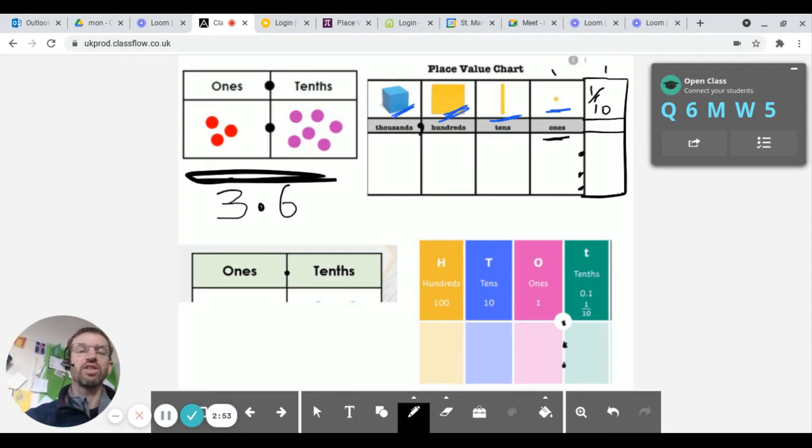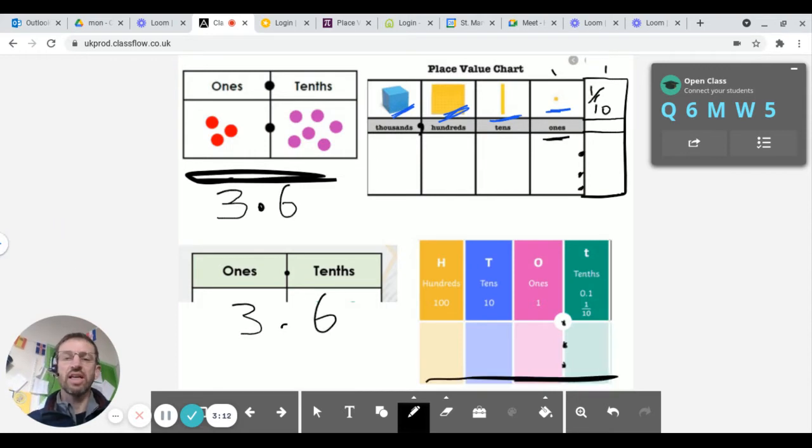And again, there's that dot, which is our decimal point. Sometimes you get ones and tenths without any discs in, and you write in your own numbers. So we could have 3.6.